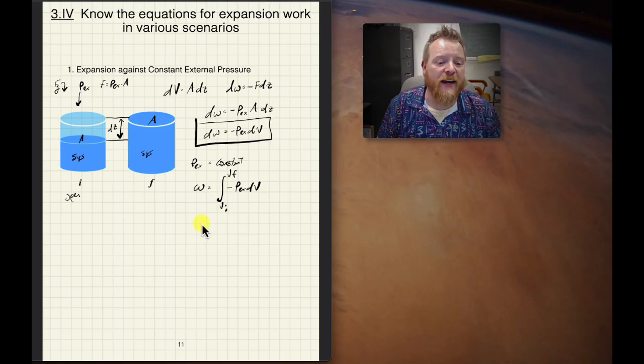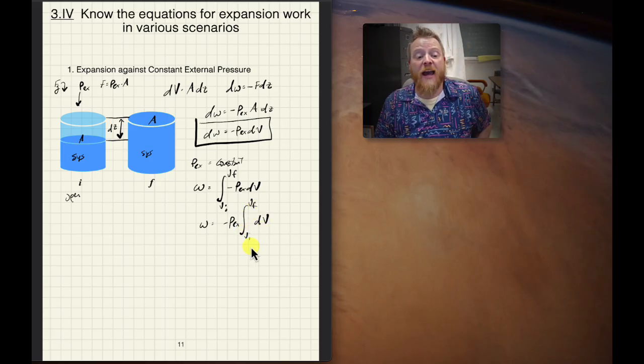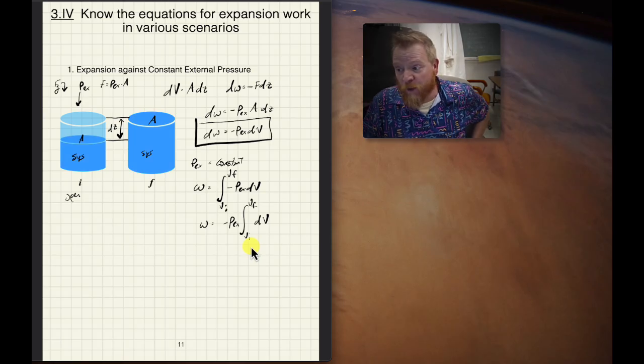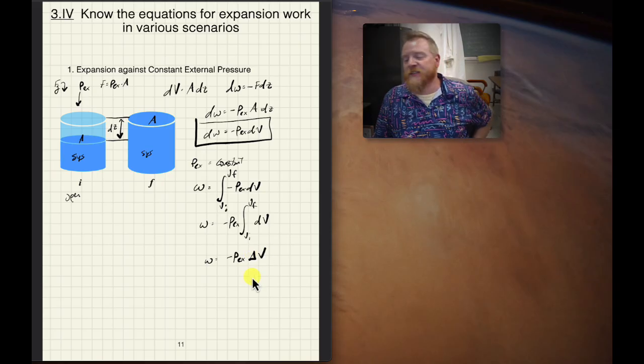And what we should recognize here is because the external pressure is constant, we can take that outside of the integrand. So that just becomes negative Pex times the integral from Vi to Vf of dV. And that's a pretty straightforward integral, right? So that's just going to equal negative Pex times delta volume.